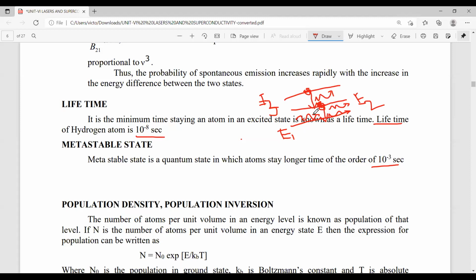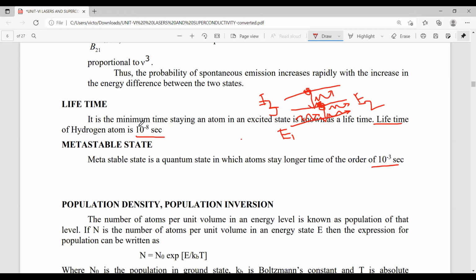The main reason is that the atom staying in energy level 2 has a lifetime of 10 power minus 3 seconds. You may not be sure which one is bigger: 10 power minus 8 seconds is not a bigger value as compared with 10 power minus 3 seconds.